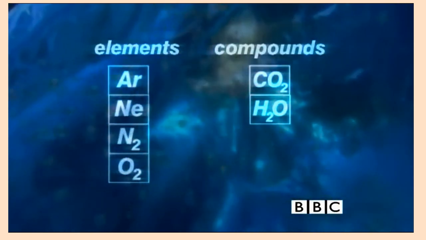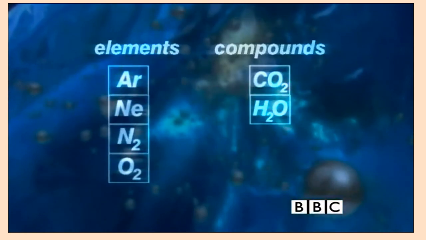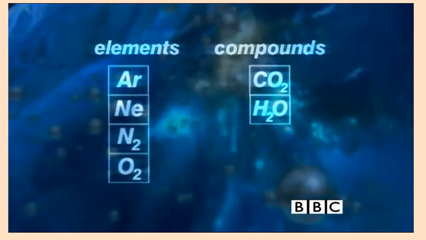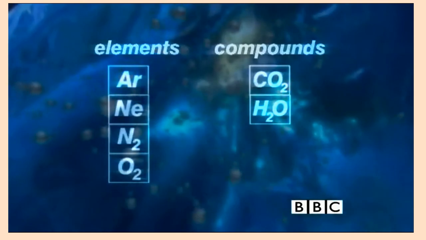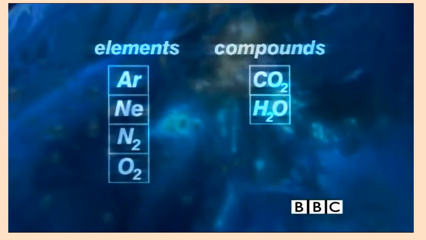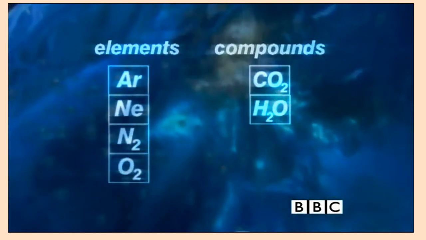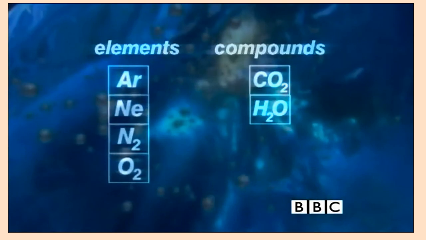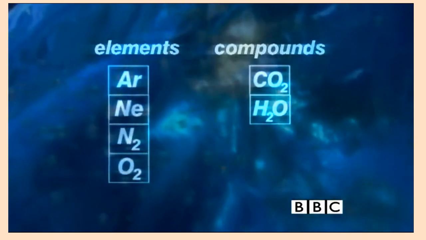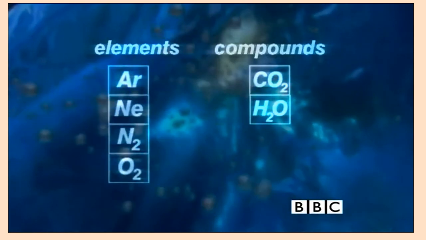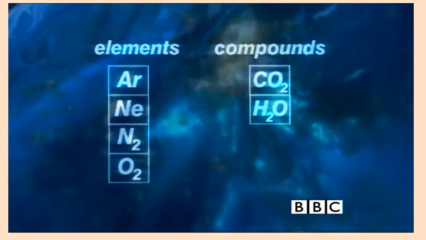Even though nitrogen and oxygen, now on the left, are molecules made up of two atoms, they are two atoms of the same type, and therefore, like argon and neon, they're elements. Whereas the water vapour and carbon dioxide molecules on the right are made up of two different types of atoms, chemically joined together, and they are compounds.